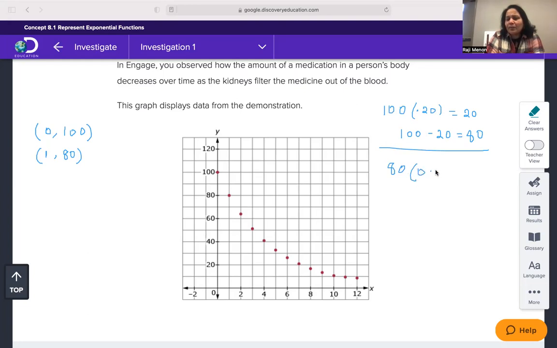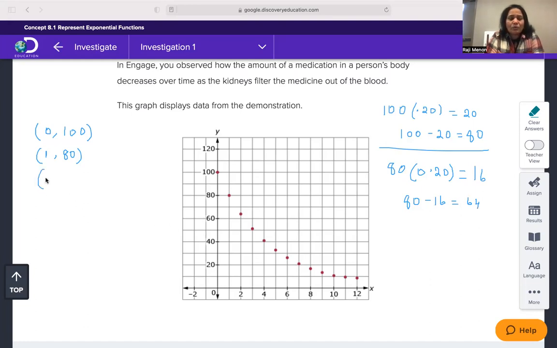Look at the change. When you do this calculation, 20% of 80 is only 16. So the remaining is 80 minus 16, not 20. That's why this is not a linear function. Because the change is not the same; the slope is not the same.